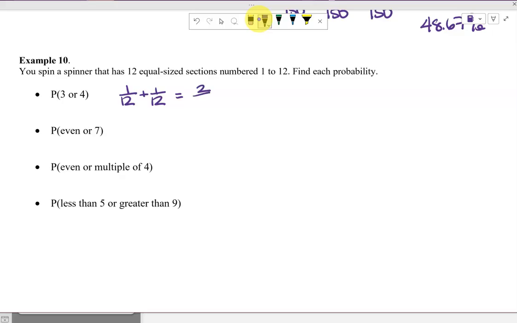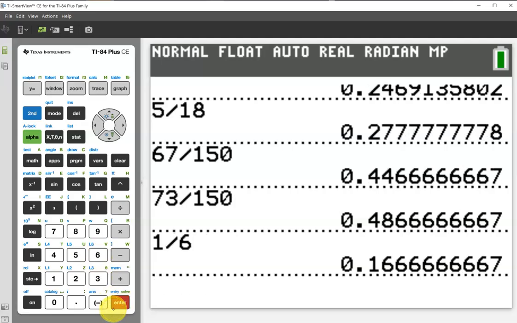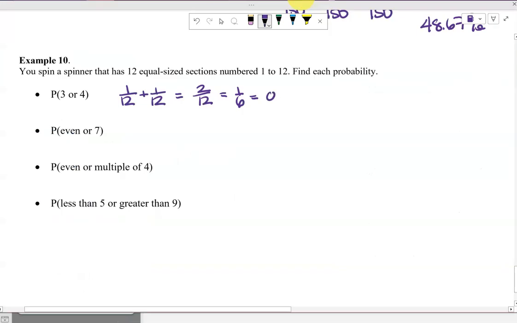Add those together, we get 2 out of 12 ways, which is 1/6. Throw that into your calculator. 0.1667 or 16.67%.